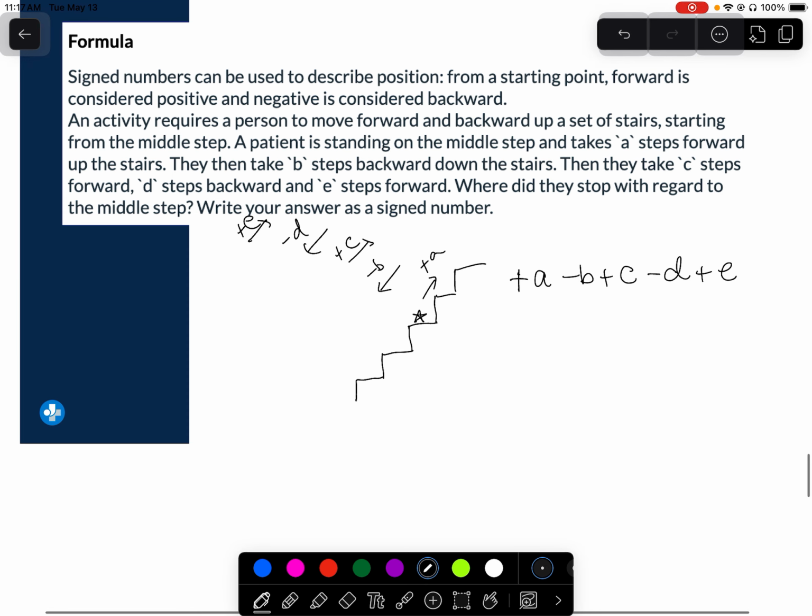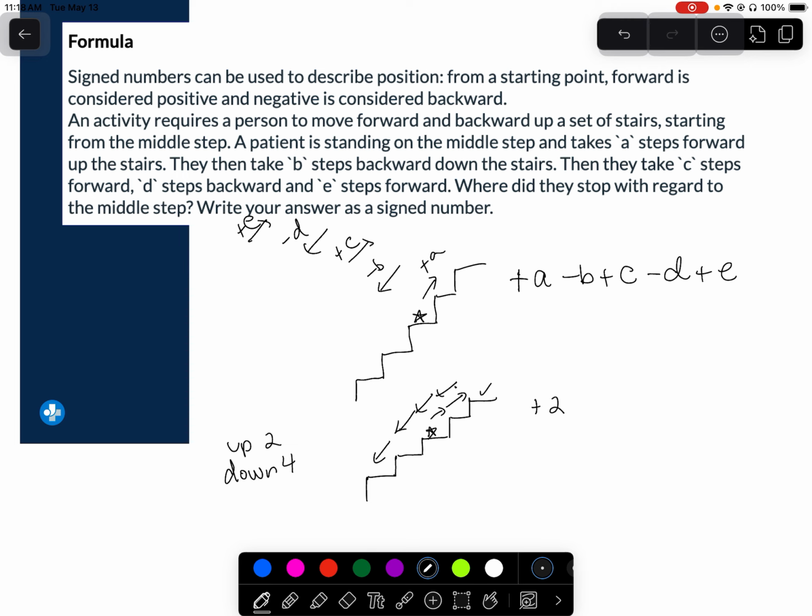Okay, so now let's put some numbers in. Again, I hope I have enough steps here, but we're standing right here. So let's say we went up 2, so now we're right there. Then we went down 4. So we're going to go 1, 2, 3, 4.